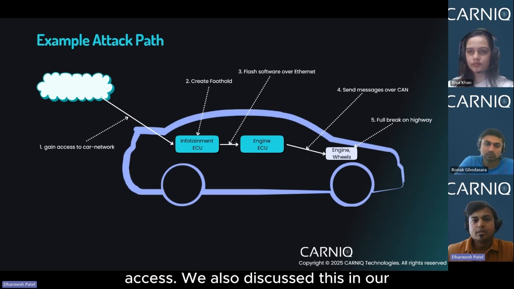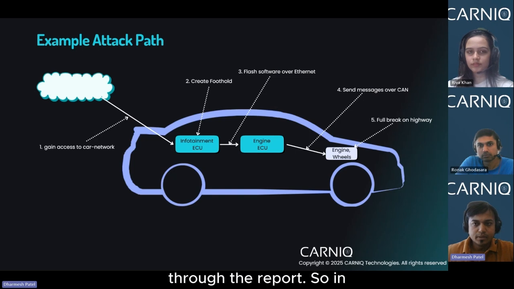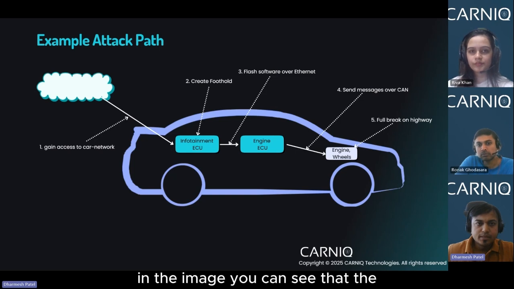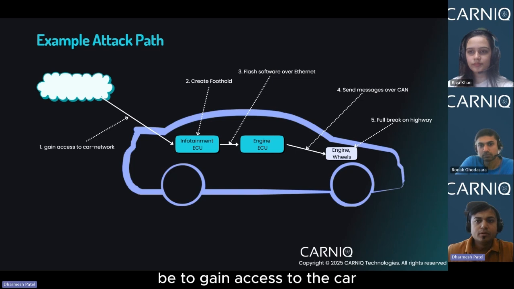We also discussed this in our previous video where we went through the report. In that published report, we saw that almost 75% of attacks happened via remote access. So in the image, you can see that the first attack path for the attacker would be to gain access to the car network by remotely connecting to the infotainment ECU.